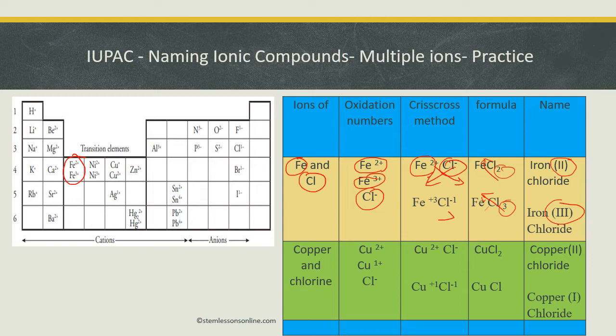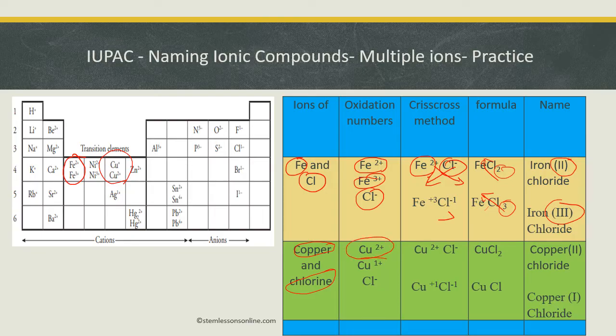Okay. So now I am going to give you another example with copper and the same non-metal ion, which is the chloride ion. From the periodic table you can see the charges of copper. You don't have to memorize, but it's a good idea if you can. You will have the table with you for the tests and quizzes, and it will also be very clear from the question.